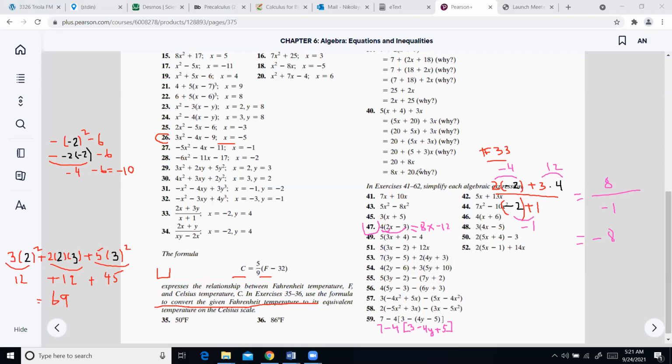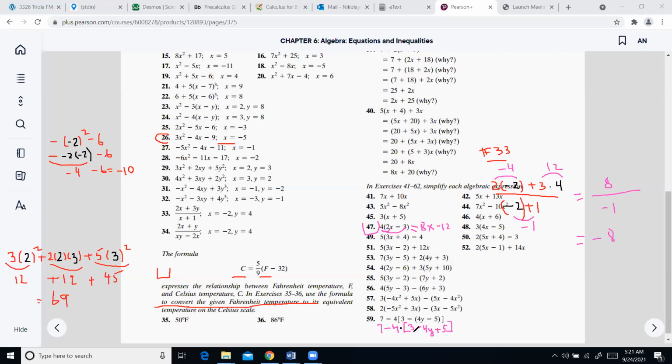Well, the answer is because we have multiplication here, right? 4 is multiplied by the parentheses. So I must multiply first. Remember, order of operations, we have to multiply first. We don't start with subtractions. Actually, subtraction is the last thing I have to do here, right? So we don't do it first, we do it last.